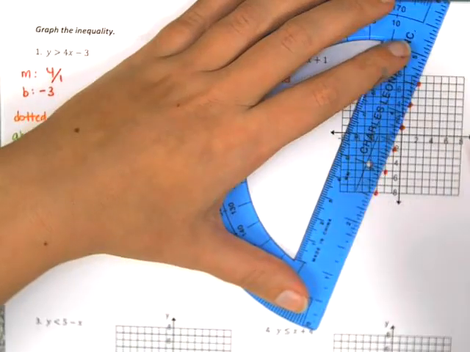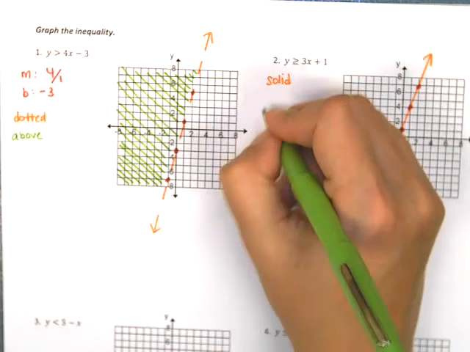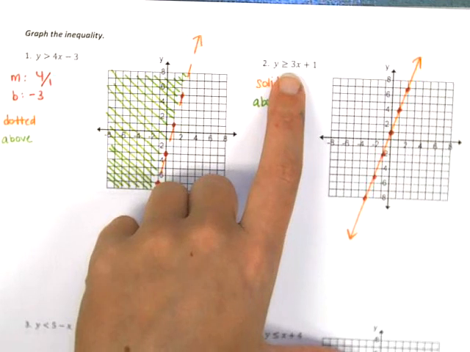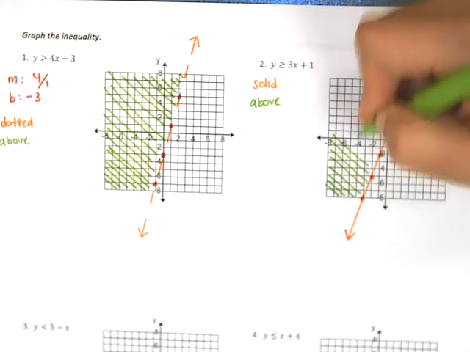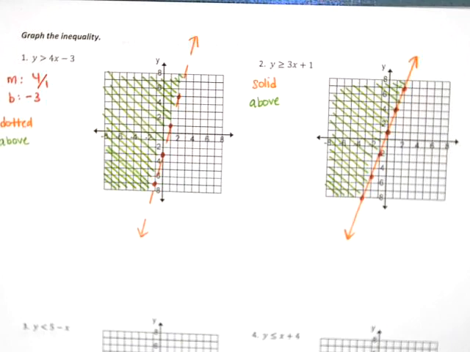So it basically just means draw a normal line through all the dots. Last but not least, I'm going to shade above the line. And the reason I'm choosing to shade above is because there is a greater than symbol here. So above would be standing on top of the ramp, and you'd be standing over here.